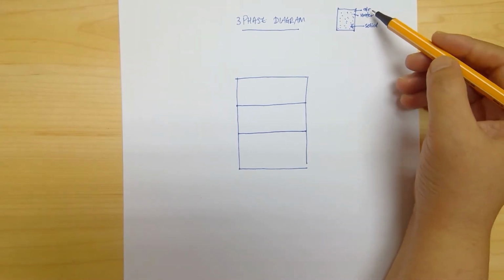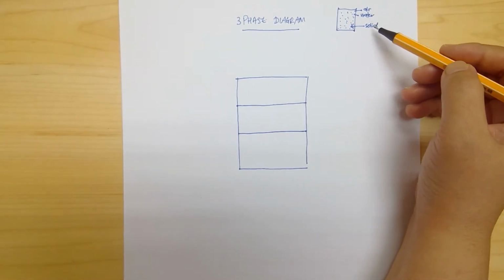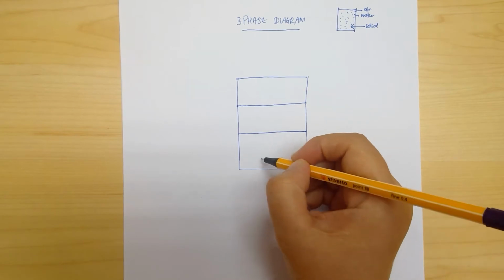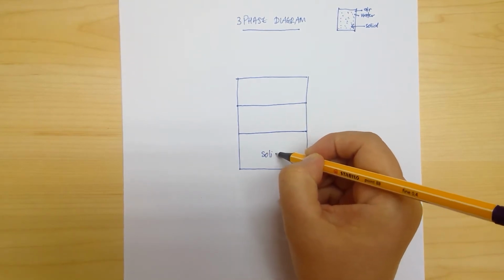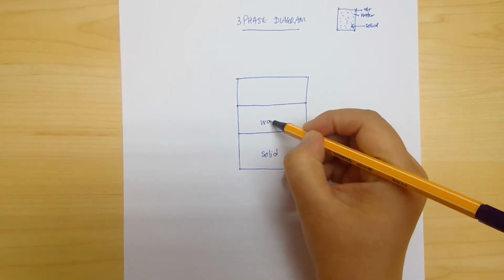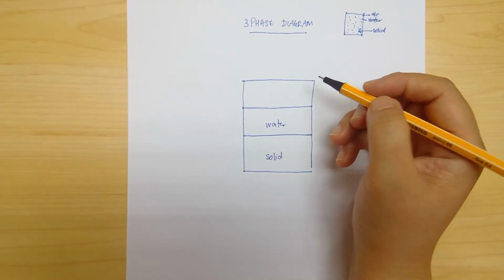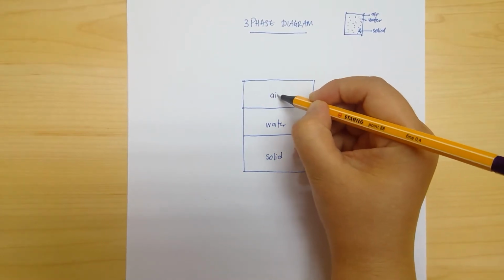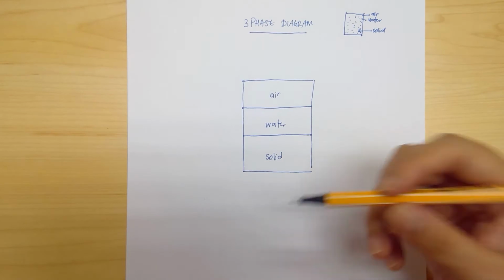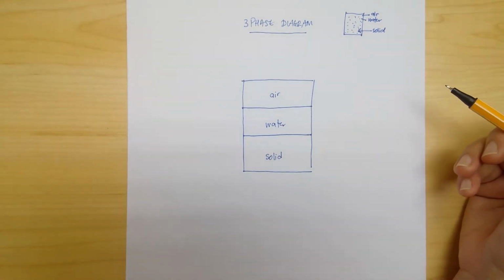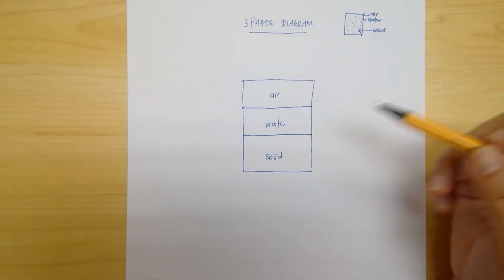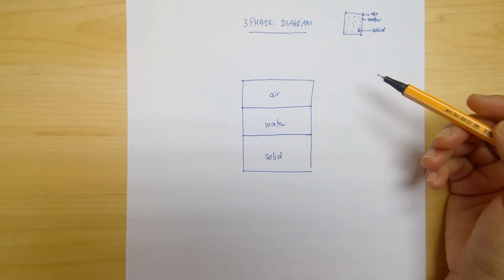So among air, water and solid, solid will take the lowest part, water will be at the intermediate portion, and this one will be air. When you are asked what the three-phase diagram is, this is the soil diagram that you can draw.